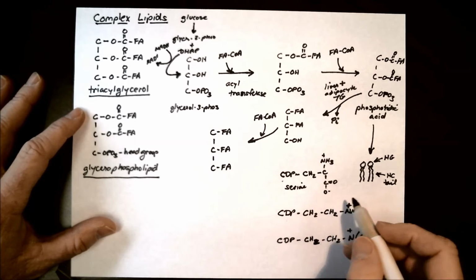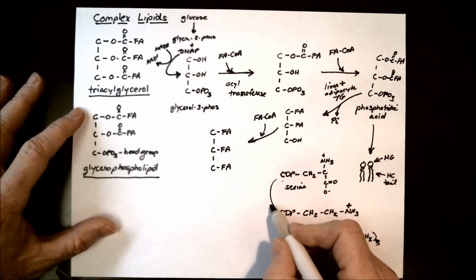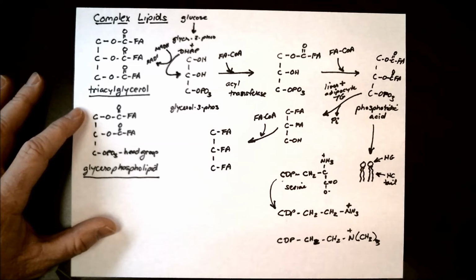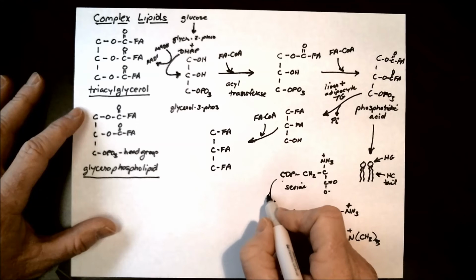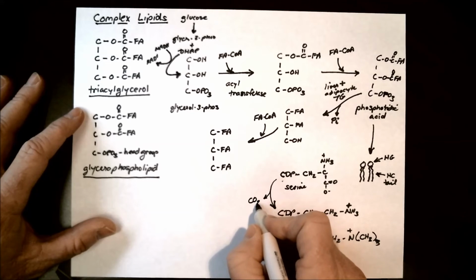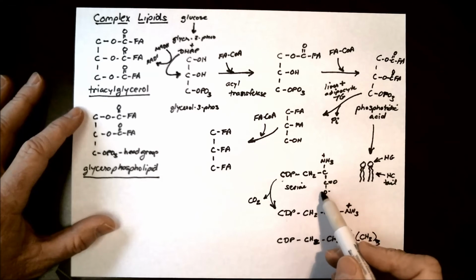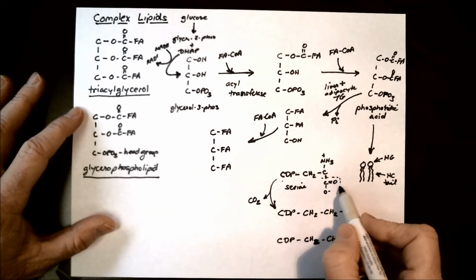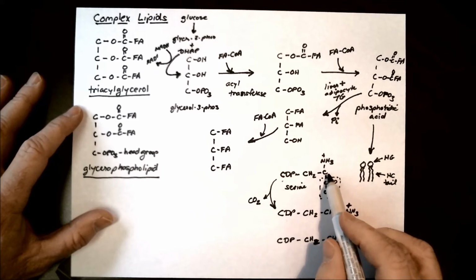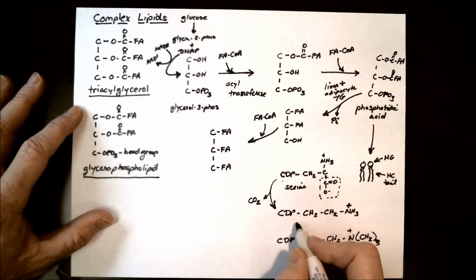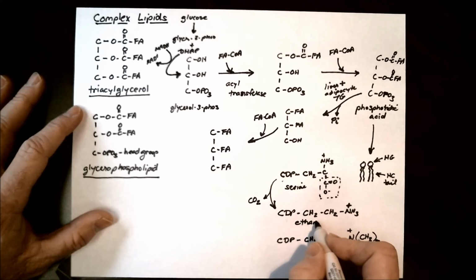Notice the serine can be made into the ethanolamine by a simple decarboxylation reaction. So removing this carboxylic acid group will convert the serine into ethanolamine.